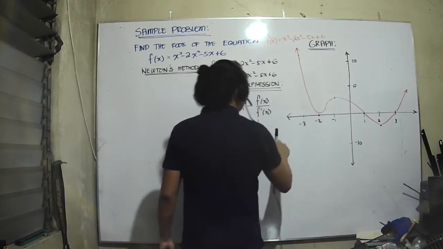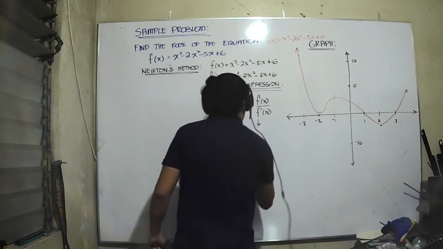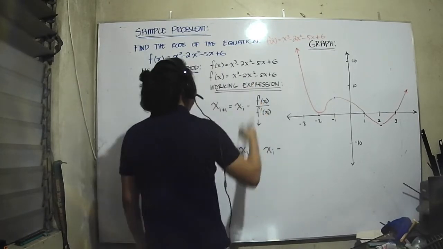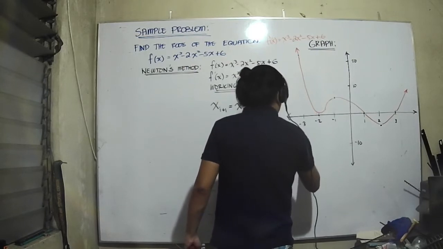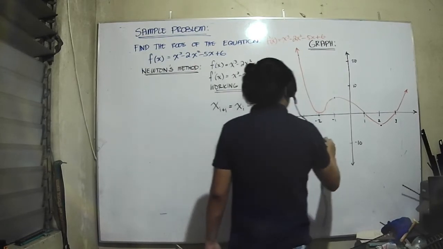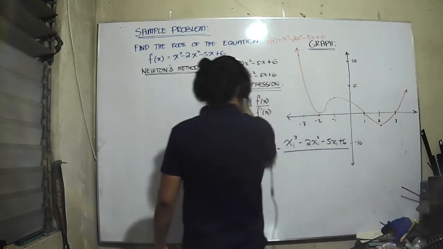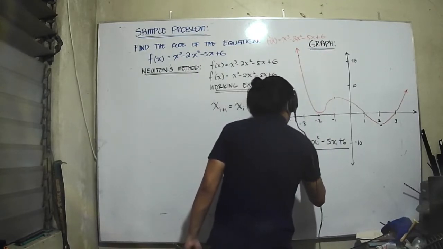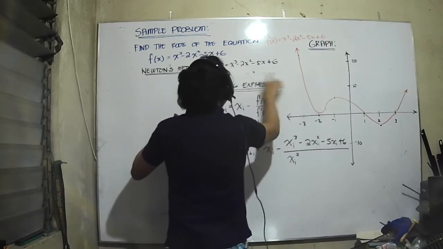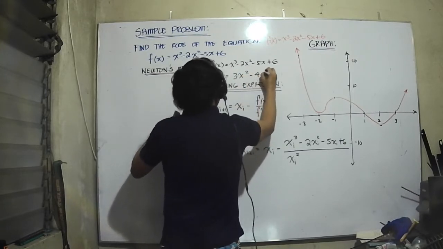We will need much space for this. So x sub i minus x sub i cubed minus 2 x sub i squared minus 5 x sub i plus 6, divided by the derivative, which is 3x squared minus 4x minus 5.